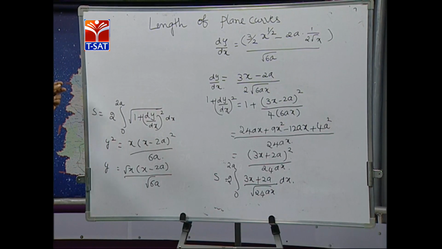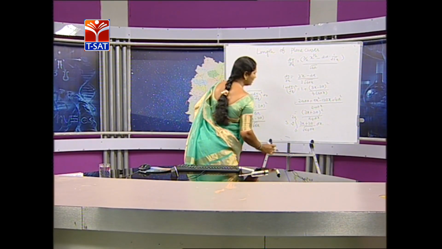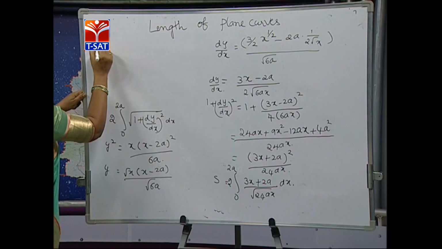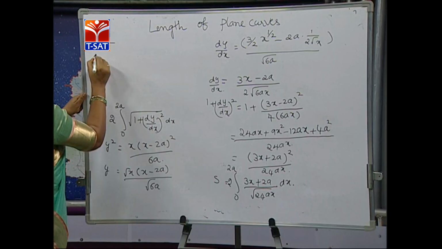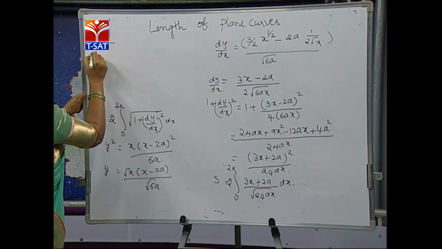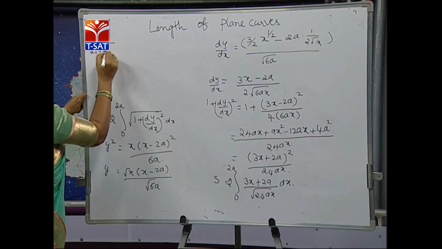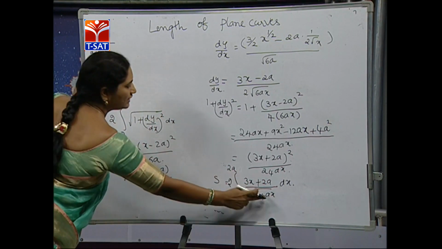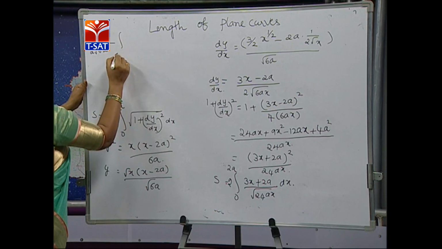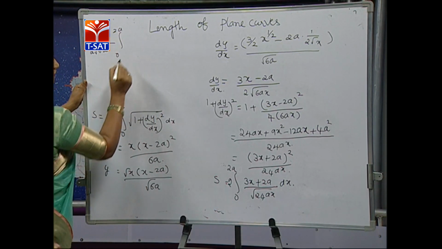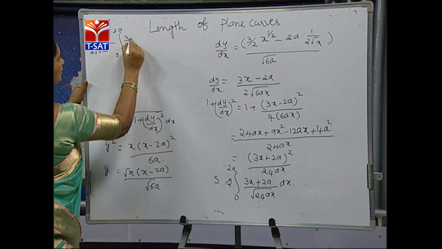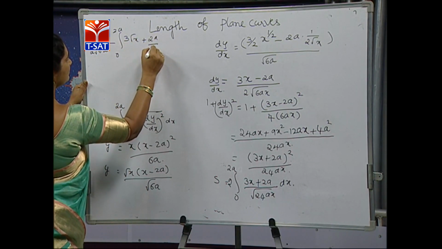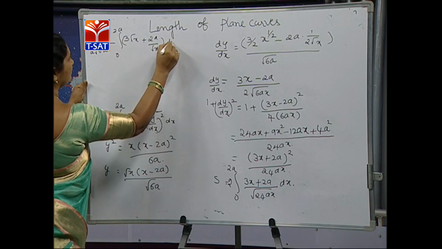So, this is equal to this. Root 24a is a constant, we will take it out of the integral. So, 2 by root 24a. Root 24a can be written as root 4 into 6a, so 2 root 6a. The integral from 0 to 2a of (3x + 2a) by root x, that is nothing but 3 root x plus 2a by root x. Now, integrate this.